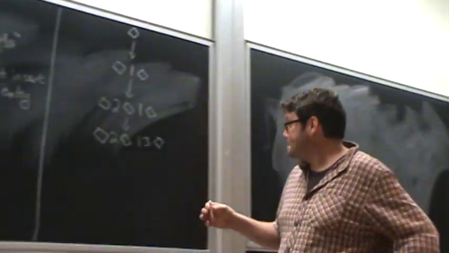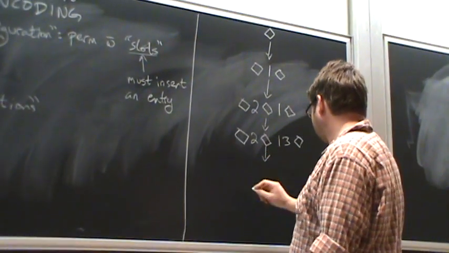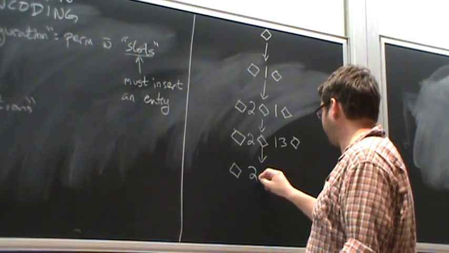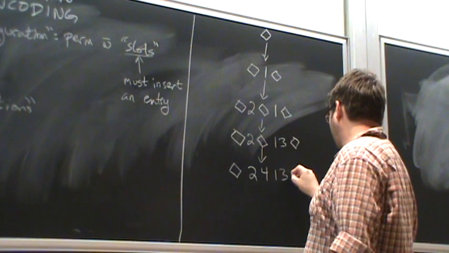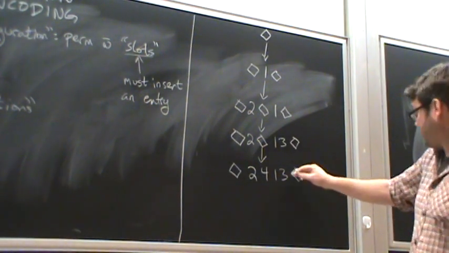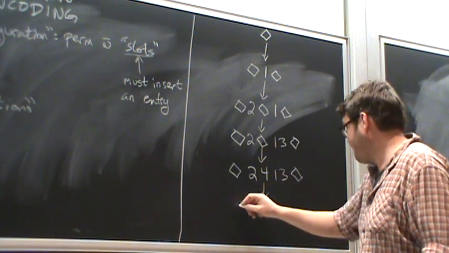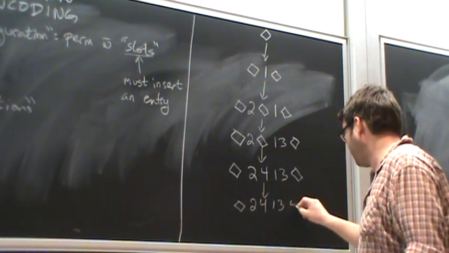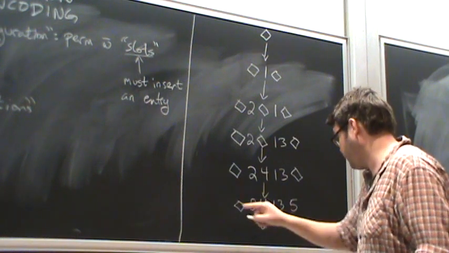And now, let's say I put the 4 in here. But actually, I've decided that the 4 is going to be the only thing in its slots. And now I'll put the 5, let's say, over here. I'll put the 6 over here.